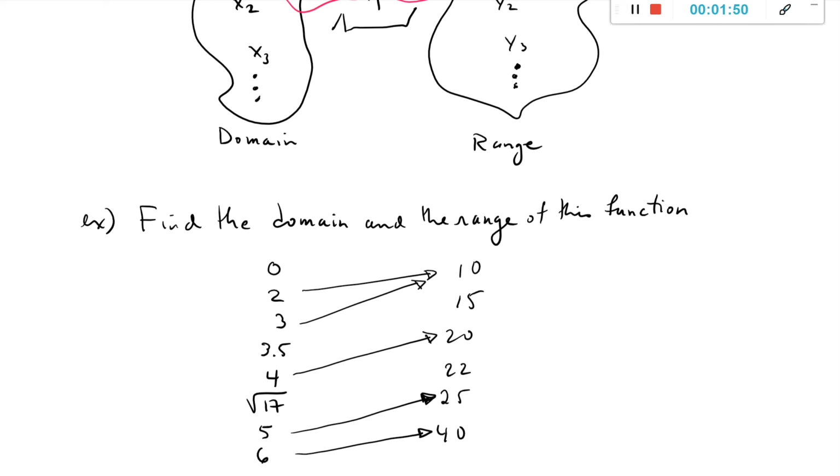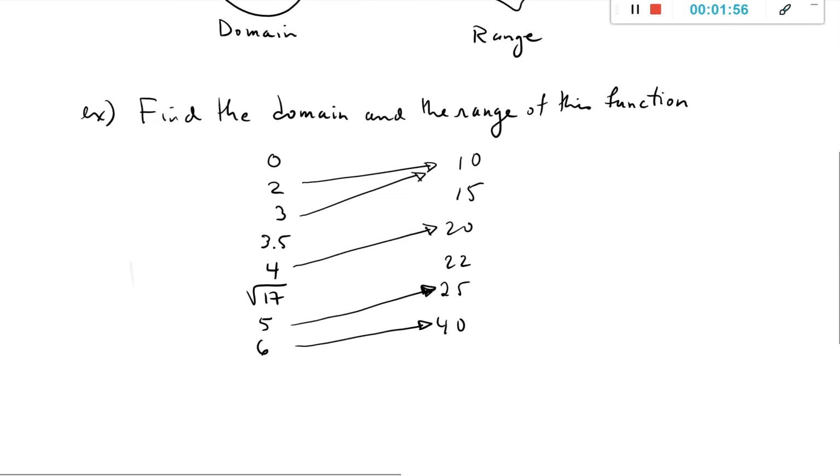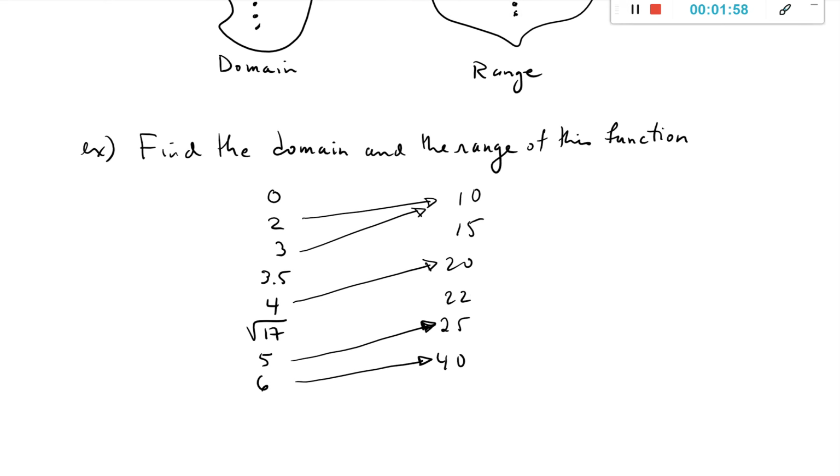So, first example: find the domain and the range of this function. What we have to look at are the things that we can feed into the function. It's pretty easy to find the domain.